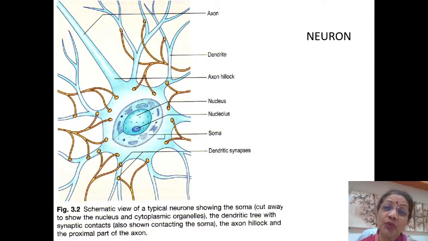Some organelles will be more pronounced because they have much more specific functions than other cells. So for a neuronal cell, the nucleolus becomes very prominent, and it is clearly visible when you look at it in a microscopic view.